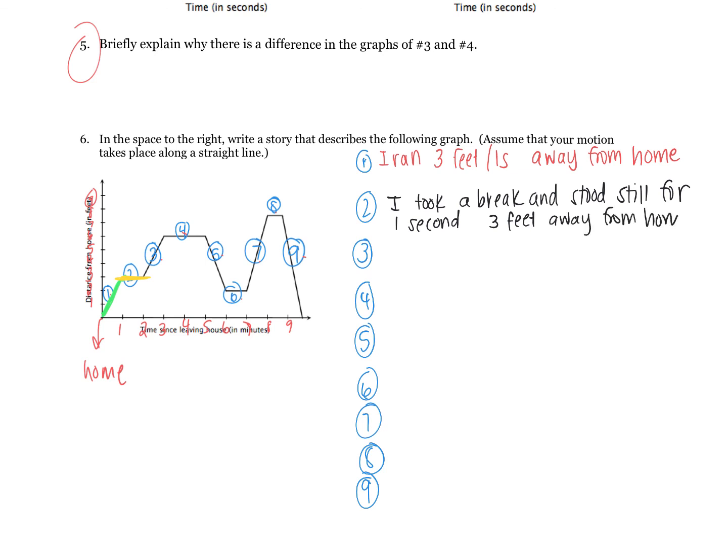Okay, so you're going to continue the story on with 3, 4, 5, 6, 7, 8, 9. Remember, every time the graph goes up, you went away, and every time the graph goes down, you went towards.